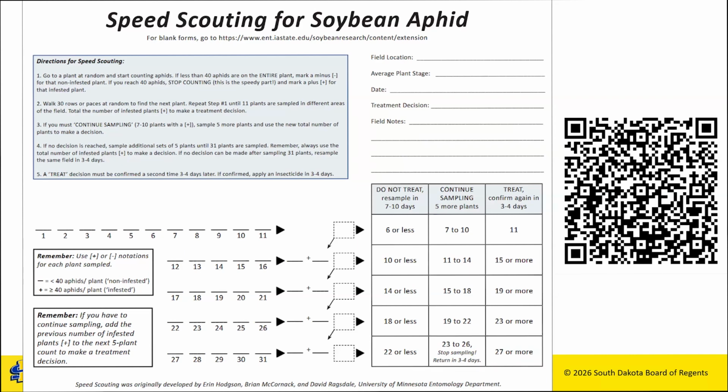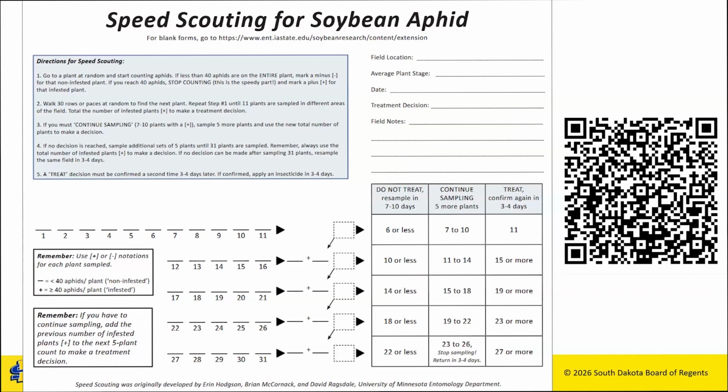But what this is, Iowa State developed a speed scouting for soybean aphid. You can see the directions there. Basically, if there are less than 40 aphids on the entire plant, you mark it minus for that non-infested plant. And I won't go through all of it, but basically what this does is it allows you to scout quickly and still come to the threshold or not.